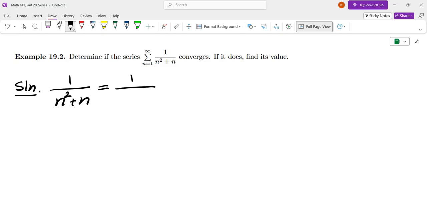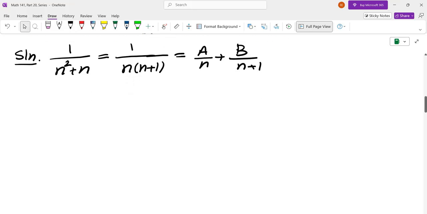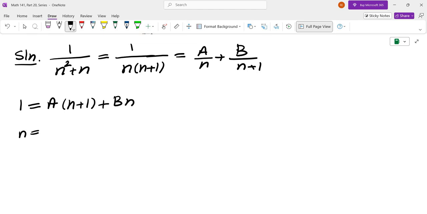So we take this one, we factor the denominator, and we write it down as a over n plus b over n plus 1. We clear the denominators, we get 1 equals a times n plus 1 plus b times n. Then we plug in different values: n equals 0 gives us a equals 1, n equals negative 1 gives us 1 equals b times negative 1.